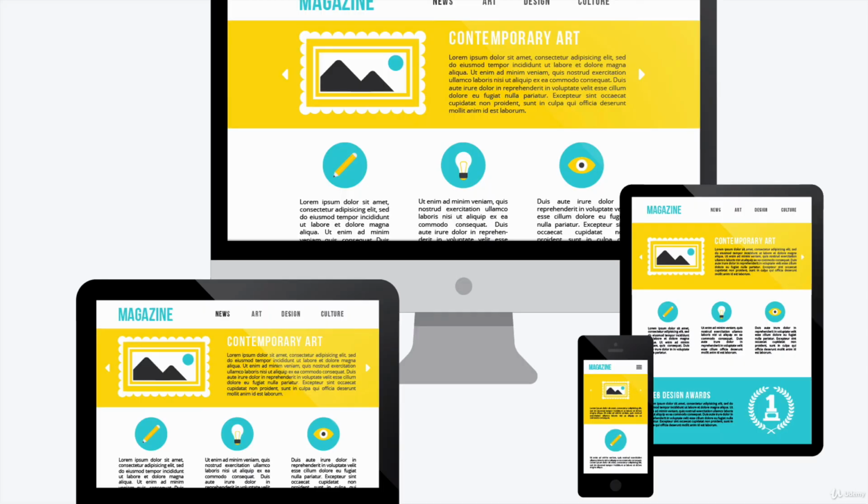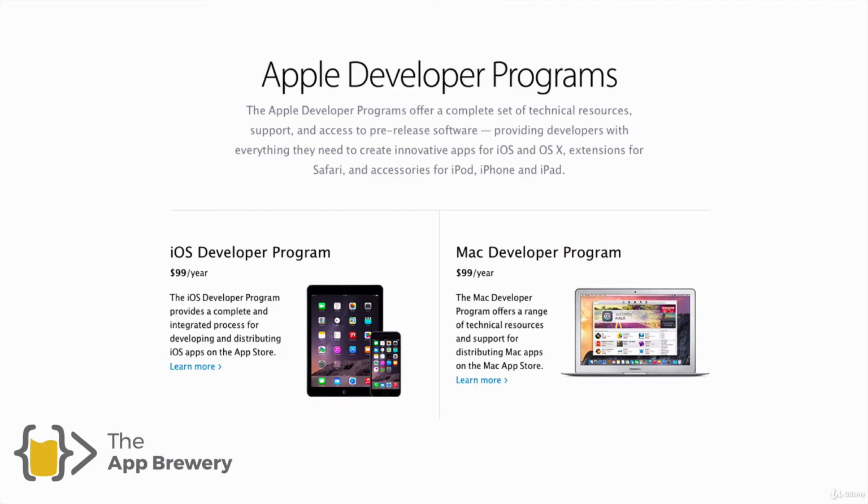And finally, we're just going to mention that prior to Xcode 7, so Xcode 6, in order to download the app that you developed within Xcode onto your physical iPhone device that you own, you actually had to pay Apple $99 a year in order to be on the Apple Developer Program.